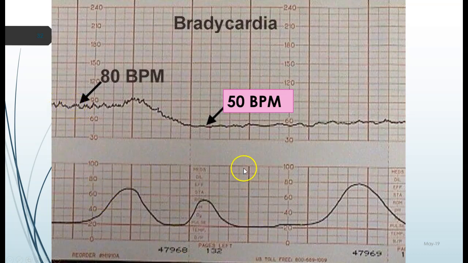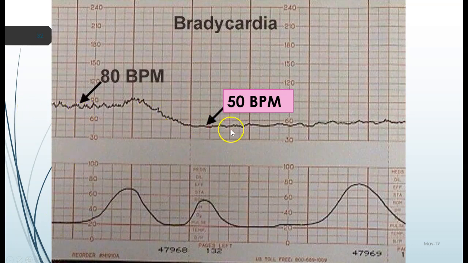Now, we've got contractions here, so we can't call these baselines, but we do know that we've had something happen, and this is not good, even with this contraction. It appears that we've got some time in between the contraction over here. I've got about a minute showing right here, and it is at 80 right here.